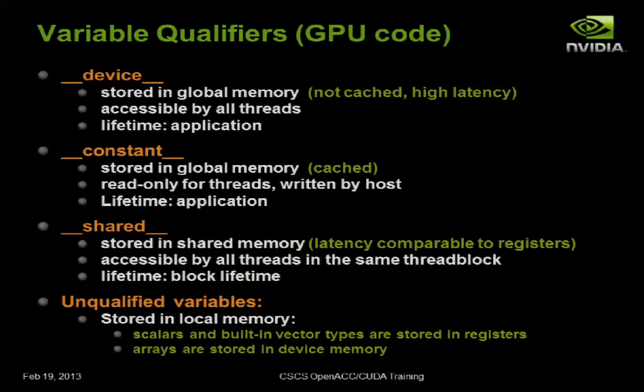You have the possibility of labeling something as constant, or then, most importantly, the shared qualifier that allows you to say that this variable will be shared amongst threads in a thread block. And if, within a kernel, you have a variable that doesn't carry a qualifier, they either end up in registers or they will be put into local memory. As you remember, local memory is this piece of memory that actually sits in global memory, so it has slow access times, but is available on a per thread basis.